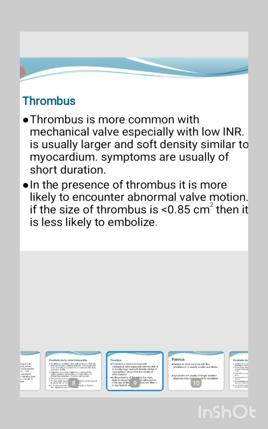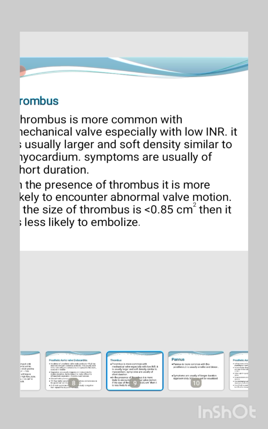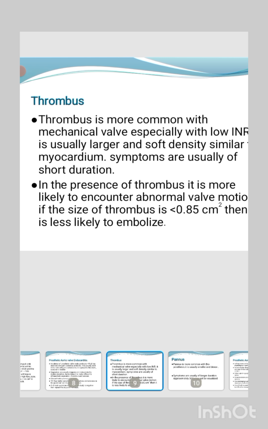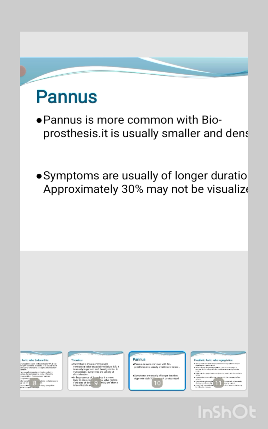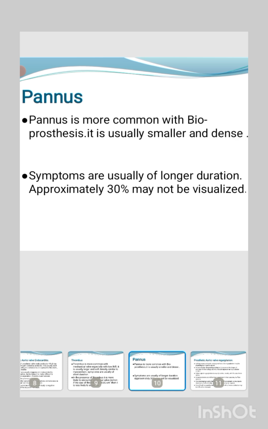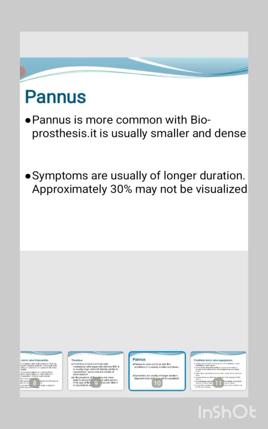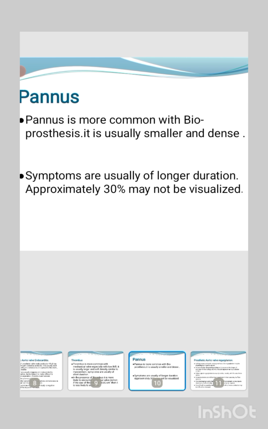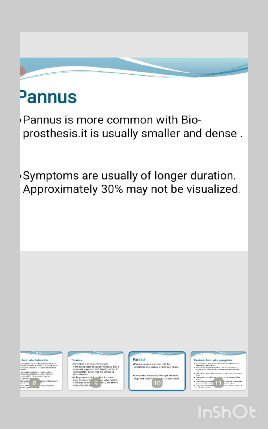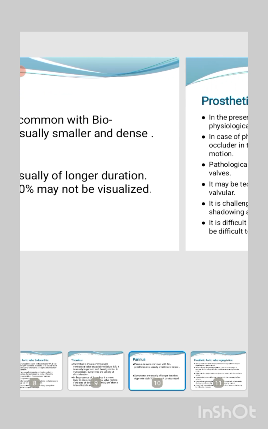If the size of the thrombus is less than 0.85 centimeters square, then it is less likely to embolize. Pannus is more common with bioprosthesis. It is usually smaller and dense. Symptoms are usually of longer duration. Approximately 30% may not be visualized.